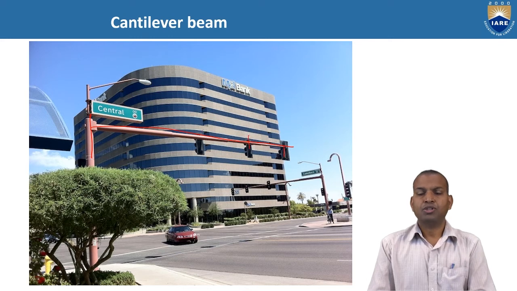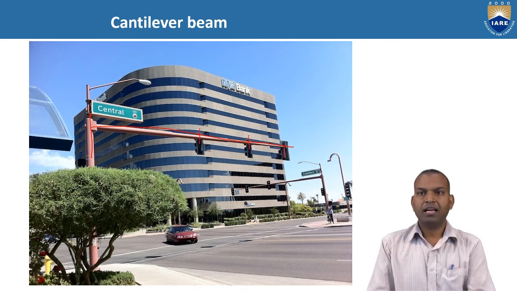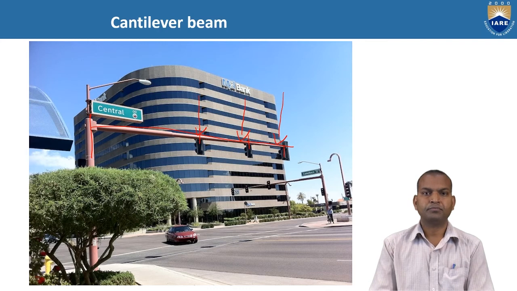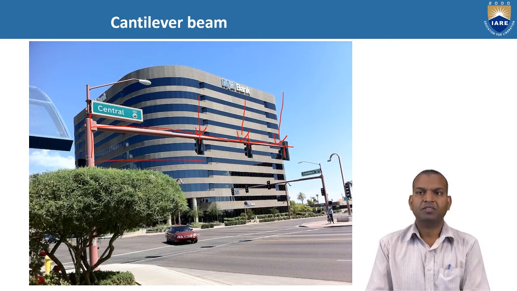How can we assume the weight of these traffic lights? The weight is assumed as point loads acting vertically downwards. That means there are 3 point loads acting on this cantilever beam, along its span.